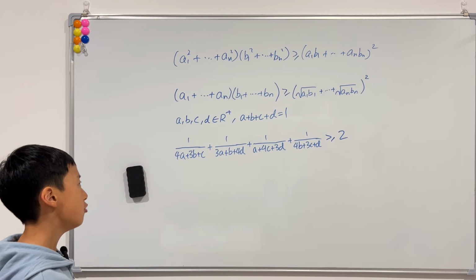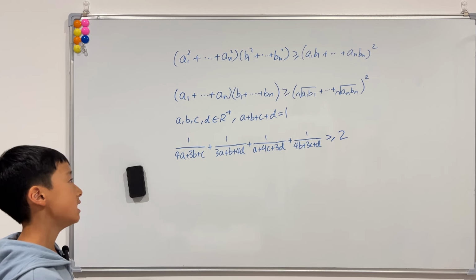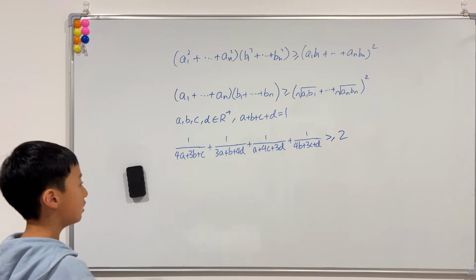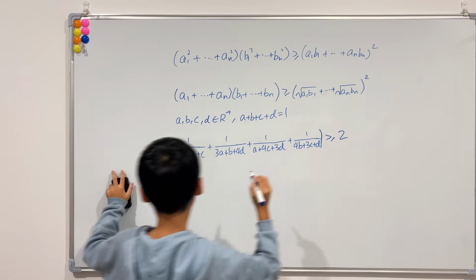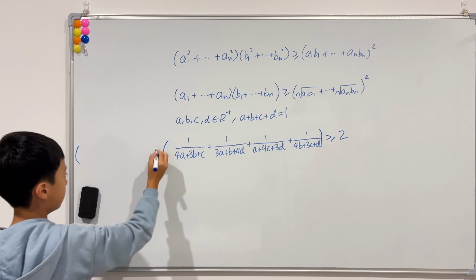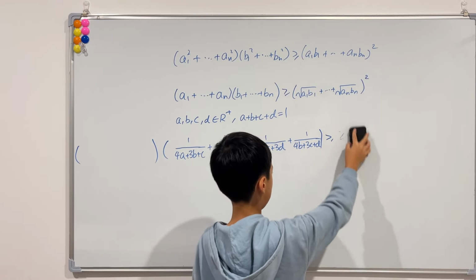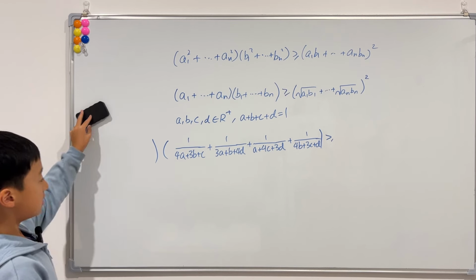Well, how do we use the Cauchy inequality on this? Well, the Cauchy inequality needs the product of two sums, right? Here we only have one sum. So don't we need just another bracket? And now I'll erase the 2 because this is what we're trying to prove. So what do we need in this bracket though?